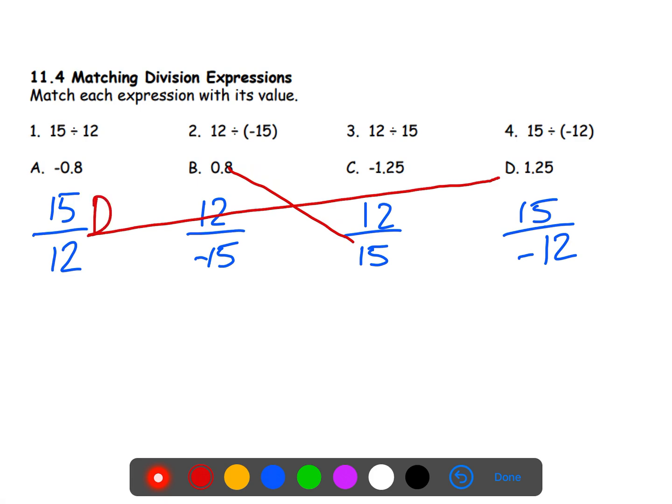We got D and B. Now all we have to do is realize that with one of these numbers being negative, it's just going to turn that quantity negative, but we're still doing 12 divided by 15. It's just negative 15 now. So if this is 0.8, 8 tenths, then this is going to be negative 8 tenths. And we'd have A, and the same would kind of follow with this other one, C.